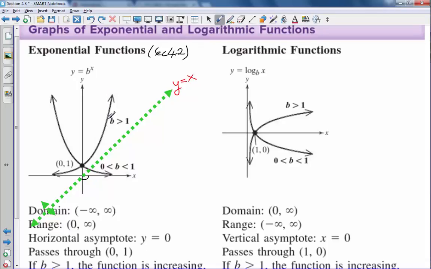If you want the inverse of this curve, all you need to do is reflect it along this green dashed line. So reflection of this side, that side, this point, and that point, and this point will be here. This point will be going that way. It will be something like this.